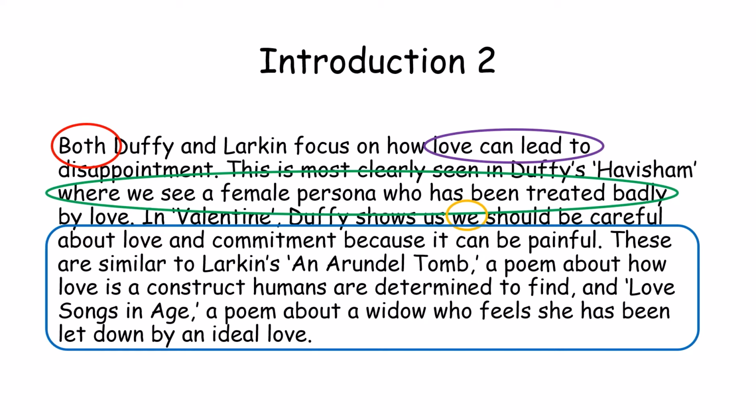They haven't gone into lots of detail here, but they've been able to not just introduce the poems, but introduce them with a little bit of understanding, so that as a reader, I can see how these poems all seem to fit together. They've also used that term, these are similar. And again, that is prepping me to give AO4 marks in this essay. So whilst this introduction is not perfect, whilst it could be much stronger, it's definitely stronger than the previous introduction.